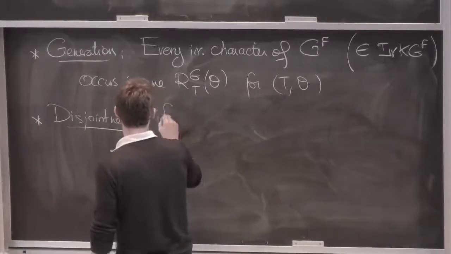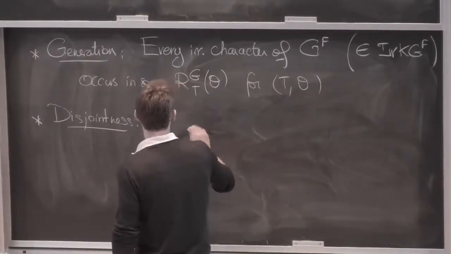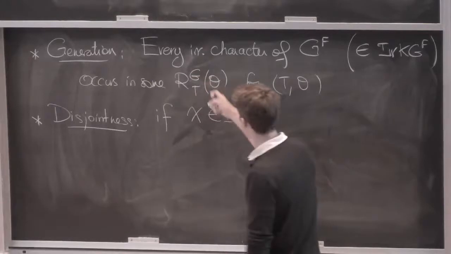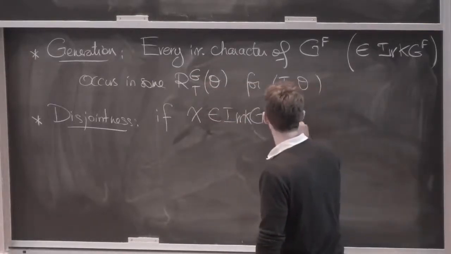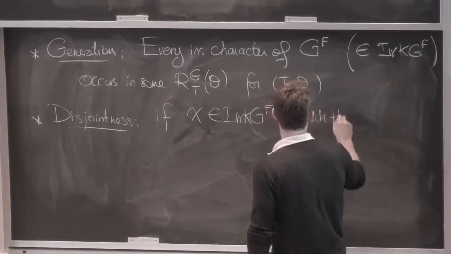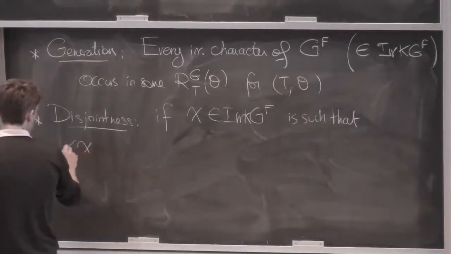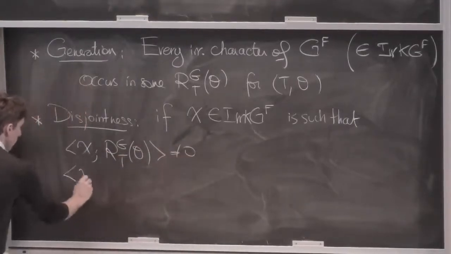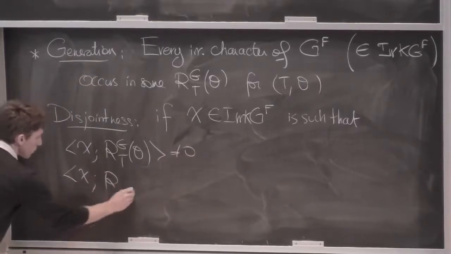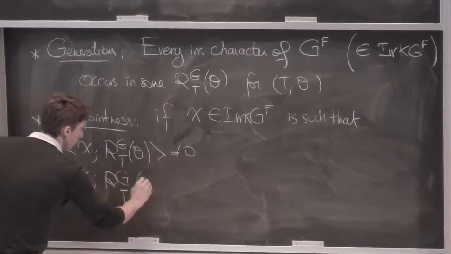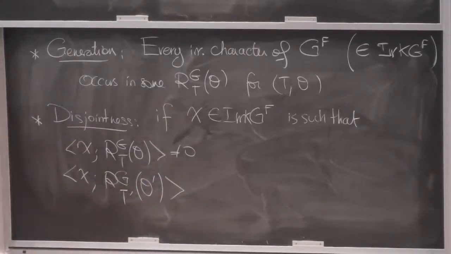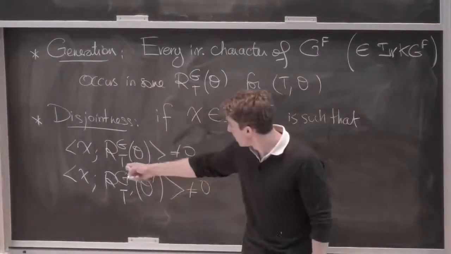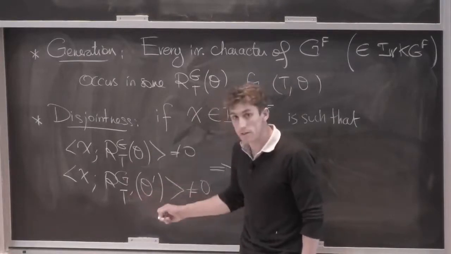If chi is a constituent of R_T^G of theta, but also of some other Deligne-Lusztig character, so for a different torus and a different character of the corresponding finite torus, and this is non-zero, then you can describe explicitly the relation between the pair T, theta and the pair T', theta'.